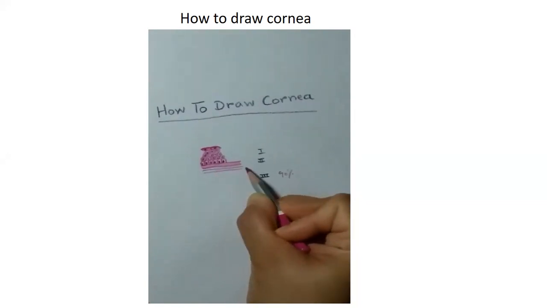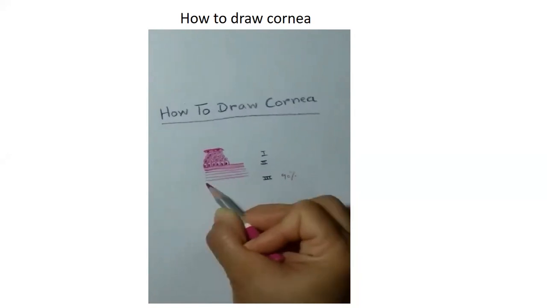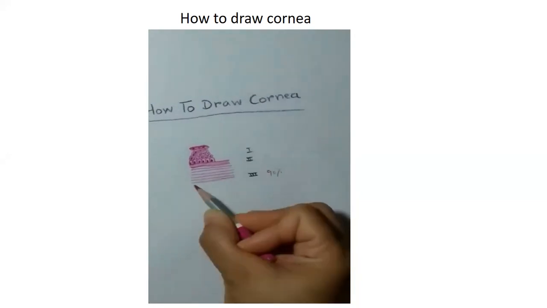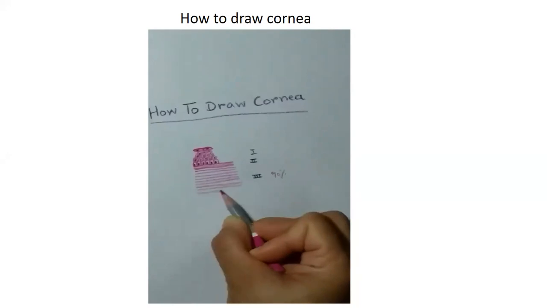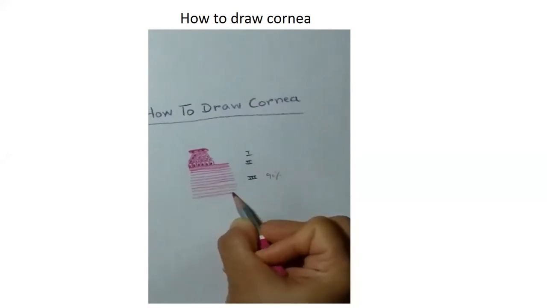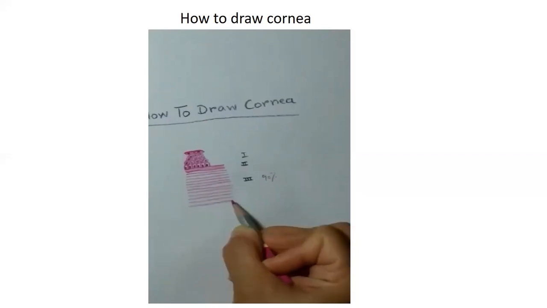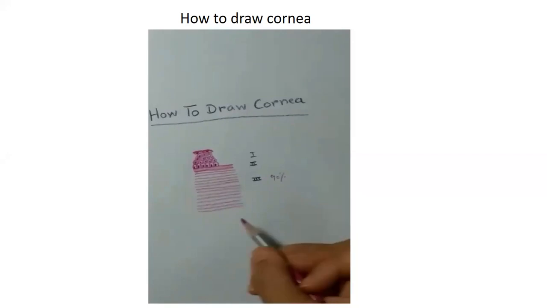You will draw like this. Basically, these straight lines are intersection points of orthogonally running collagen type 1 fibers. So what is orthogonal arrangement? The fibers of two layers run at right angles to each other, and their intersection points appear like straight lines in light microscopy.